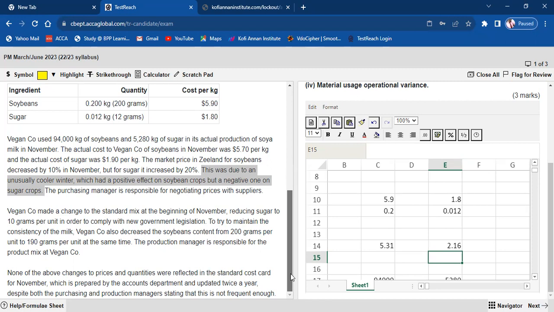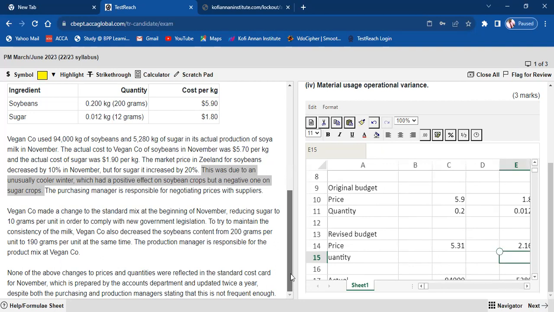Governments are powerful. There are laws, whether you like a government or not. There are laws you must obey. So, because of the law, Veganco made a change to the standard mix at the beginning of November, reducing sugar to 10 grams per unit.